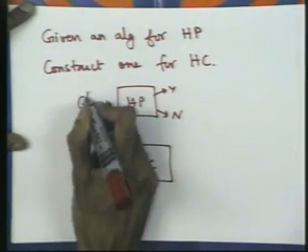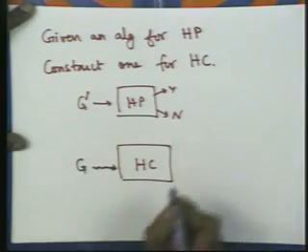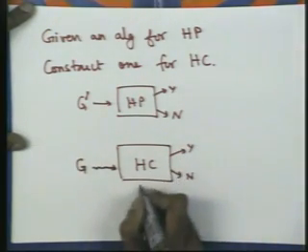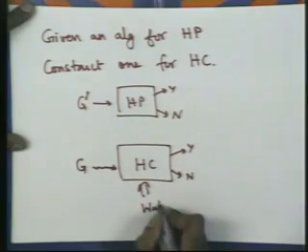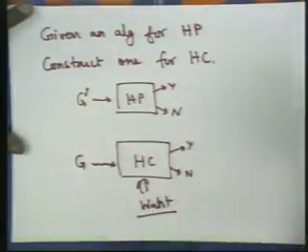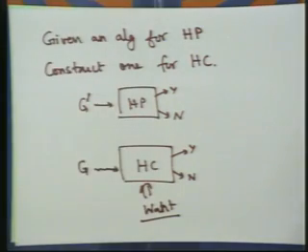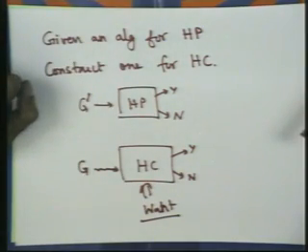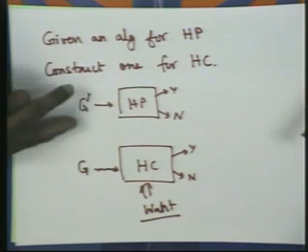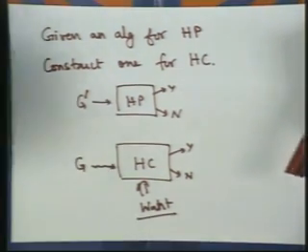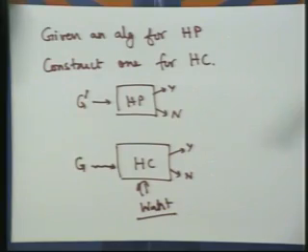Let me call this G prime to distinguish from this G. This is what we want. This is given to us. So somehow again I have to use this routine for HP efficiently to get this routine for Hamiltonian cycle. So how do I do this?